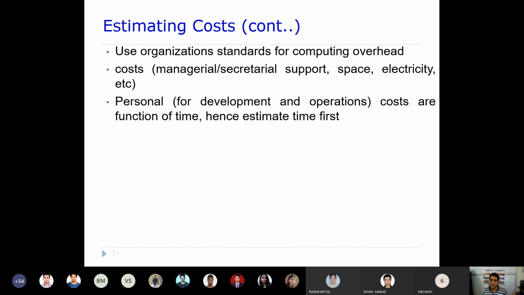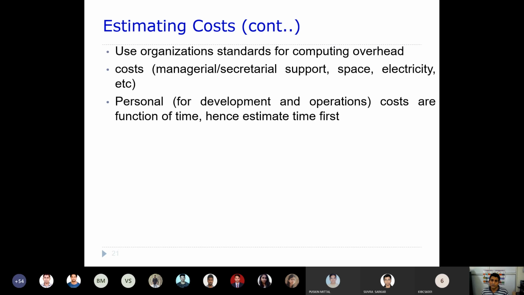So you pay the salary to a secretary of a manager, or for utilizing a particular space. Maybe you need electricity because you might be running AC within that space, or a fan, or a computer, so many things, right? So you need to take those into account as well.